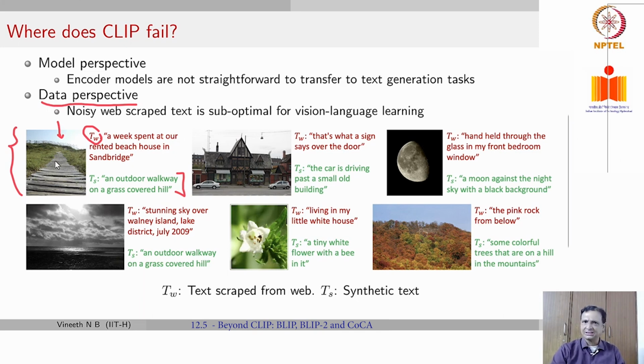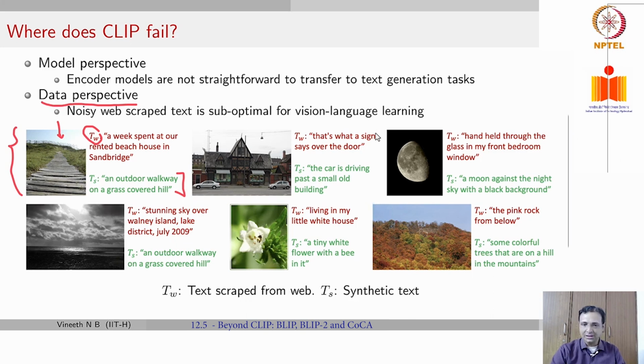Now, such text sometimes doesn't exactly match the image, maybe even written for marketing purposes or search engine optimization purposes. So this noisy web scrape text may not completely be useful for learning good vision language representations, is what one of these follow-up models claims.